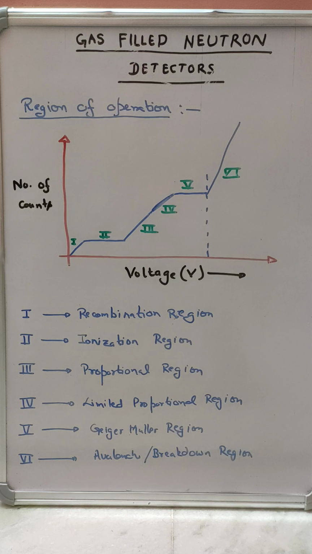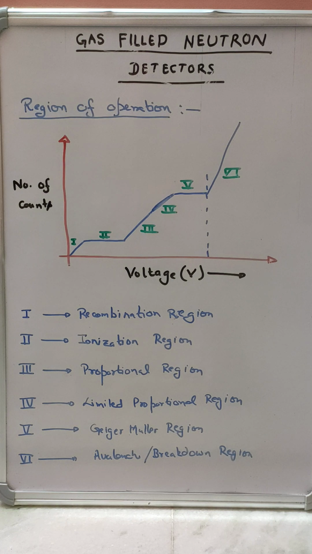In region 3, if we increase the voltage, the number of counts will increase proportionally. There is a limited proportionality between the voltage and the number of counts in region 4. In region 5, if we increase the voltage, there is no increase in the number of counts, and in region number 6 there is a breakdown or avalanche.